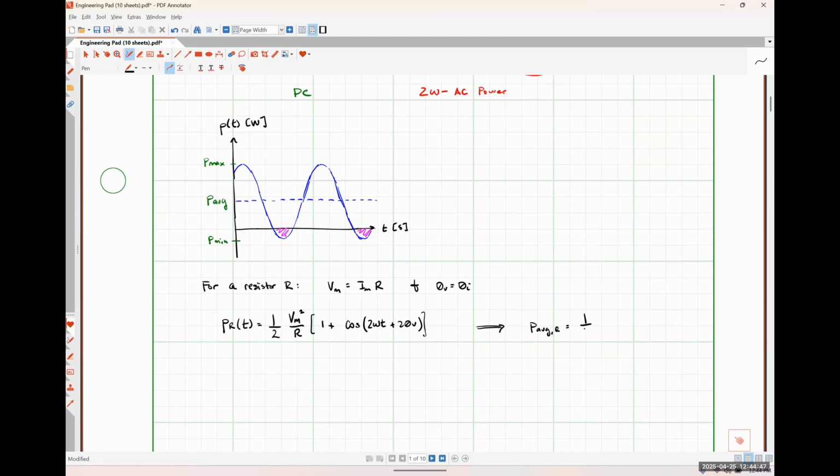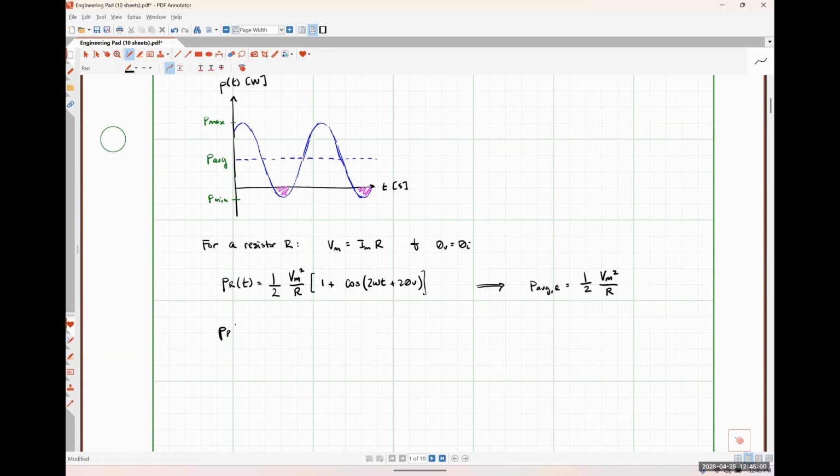So in this case, that would simply be 1/2 Vm squared over R. Finding my instantaneous power in terms of current is going to give me the relationship 1/2 Im squared times R times 1 plus cosine twice omega t plus twice theta I. And we can see from this relationship that our average power absorbed by our resistor is 1/2 Im squared times R.